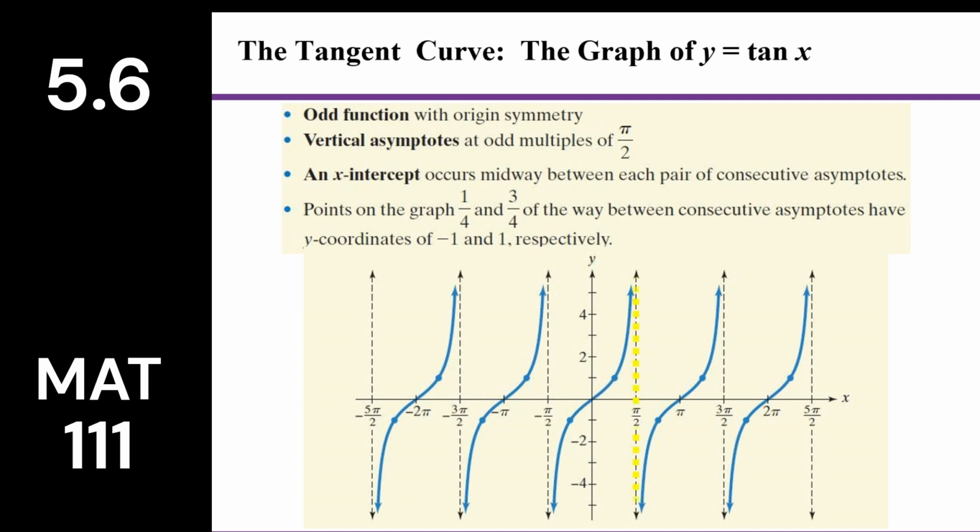There are vertical asymptotes at odd multiples of pi over 2. The points plotted now on the x-axis occur midway between each pair of consecutive asymptotes, so that should help us graph. Additionally, there's going to be points at the 1/4 mark between each asymptote. Those will be at -1, and at the 3/4 mark between each asymptote, that will be up at +1.